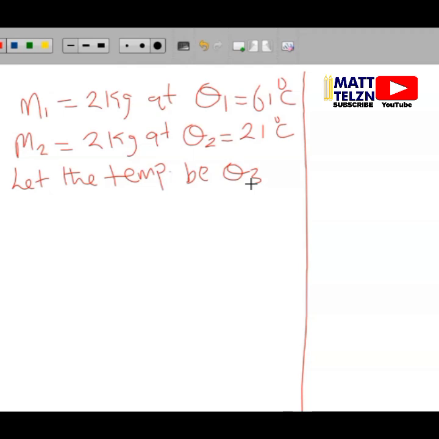Okay, now according to the quantity of heat, heat is equal to what? Mass times the specific heat capacity of the substance times change in temperature. Like I said earlier on, this is under the method of mixture.